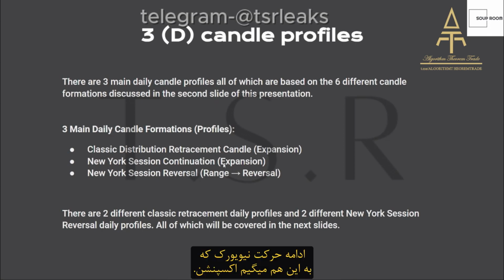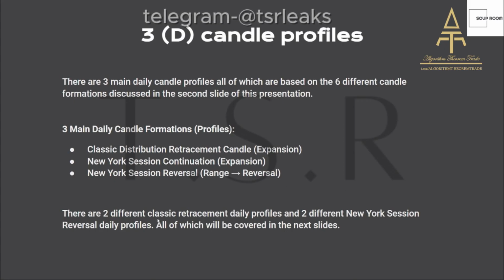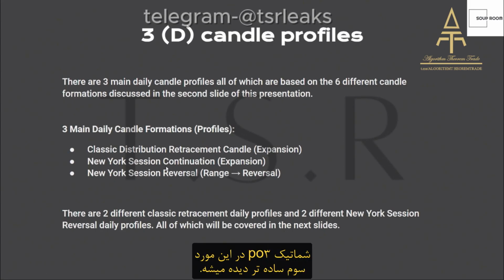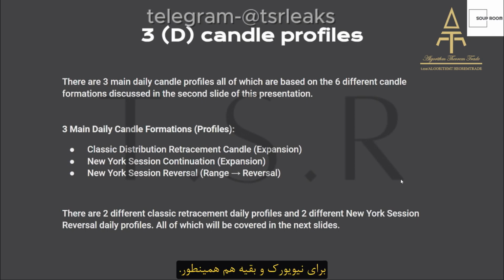We have a New York session continuation. This would be another expansion candle. And of course, we have the New York session reversal, range to reversal. We'll talk about this deeper. You'll be able to notice the power of 3 the easiest with the last example here. Okay, there are 2 different classic retracement daily profiles and 2 different New York session reversal daily profiles, all of which will be covered in the next slides.